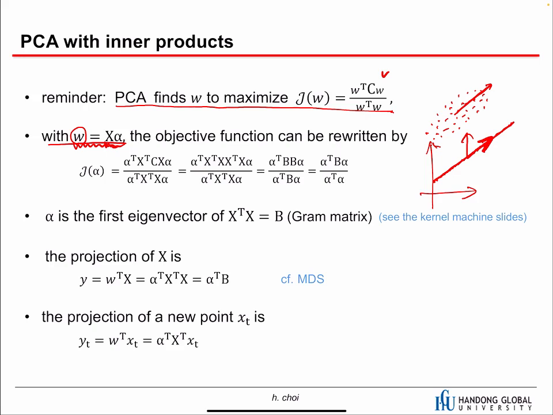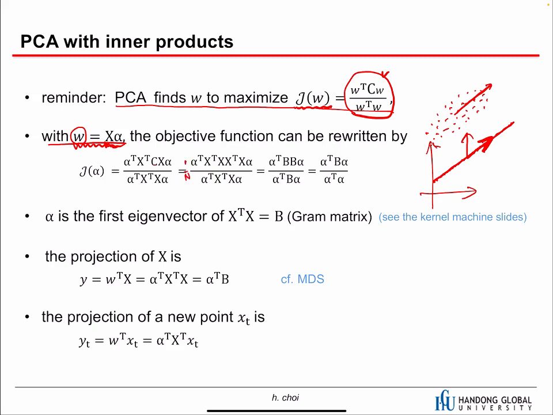And then we can rewrite this objective function. Okay, so this one was like this, and then instead of W we can use x alpha. So W transpose is alpha transpose x transpose, and C x alpha. Okay, and now we can replace this covariance matrix with x transpose x.